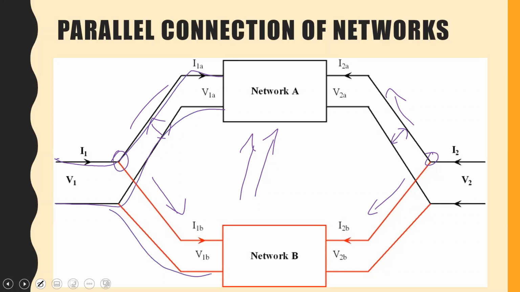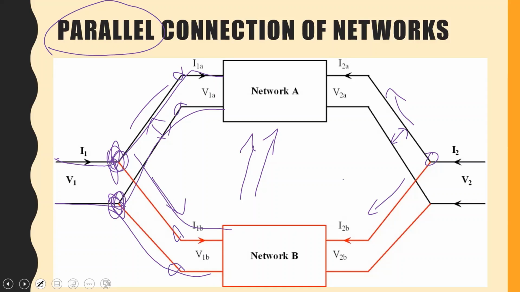Look at the red lines. They are coming from the same terminals. Remember, there is no voltage drop across the connecting wires. So therefore, the potential difference between these two points would be the same up here, same potential difference. So the voltages at the input are the same, and the voltages at the output will also be the same. So it means that we have a parallel connection. Yes, sir.